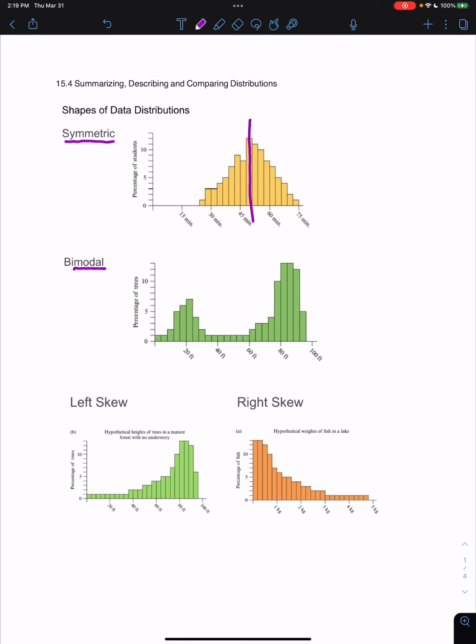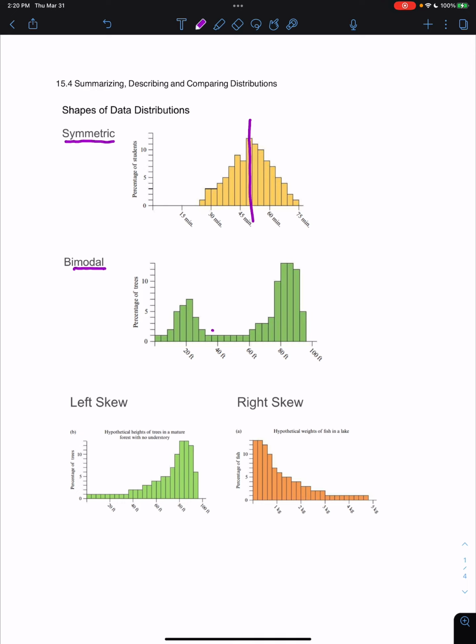We talked about the mode. So two modes. In other words, two relative maximum pieces of data. So in this situation, we're going to have two kinds of hills in our data with a valley in between.